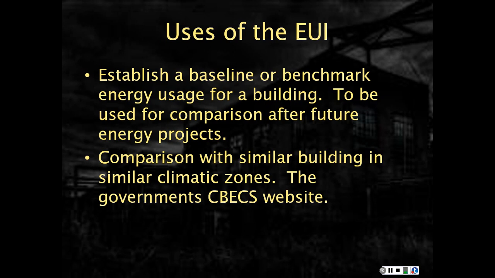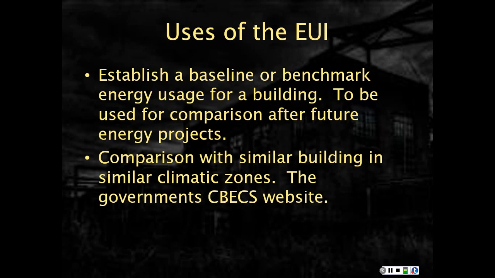The second usage for energy utilization index are comparisons with similar buildings in similar climatic zones. Now, the government uses a website called CBECS, which stands for Commercial Building Energy Consumption Survey.